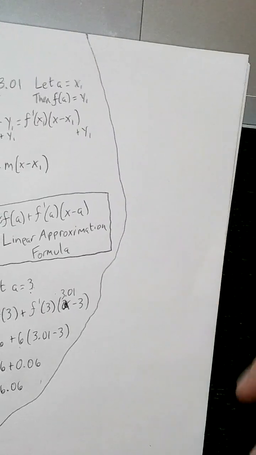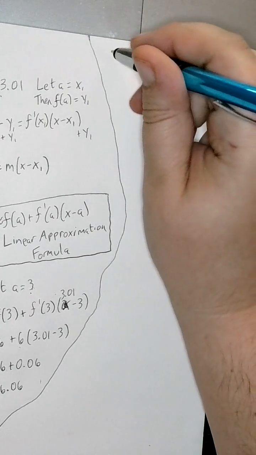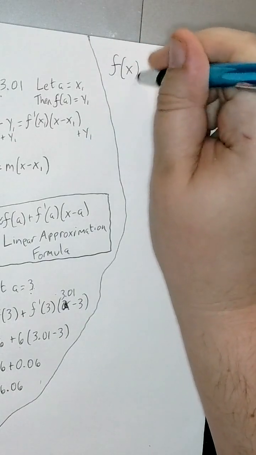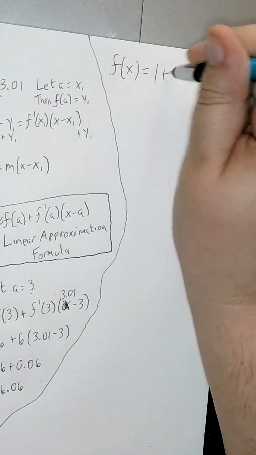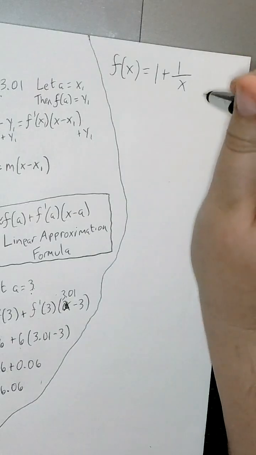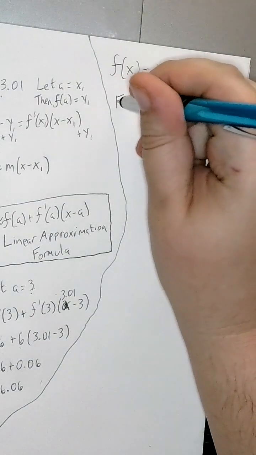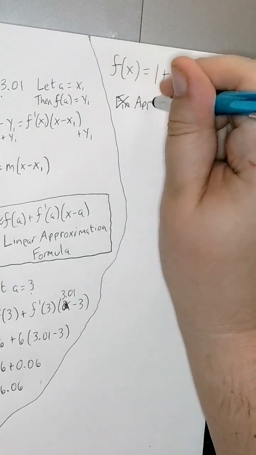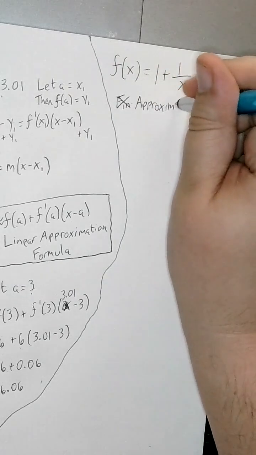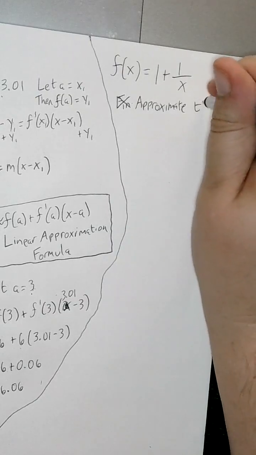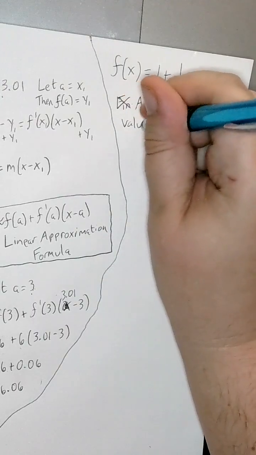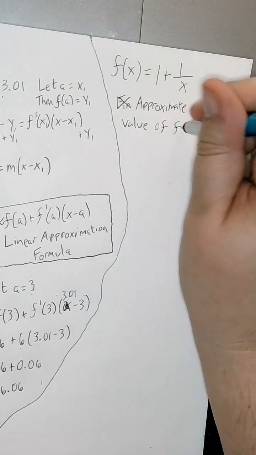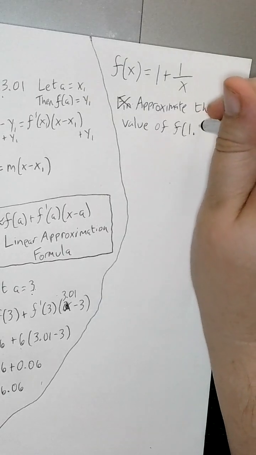So let's let f of x equal 1 plus 1 over x. And I want to approximate the value of f of 1.1.